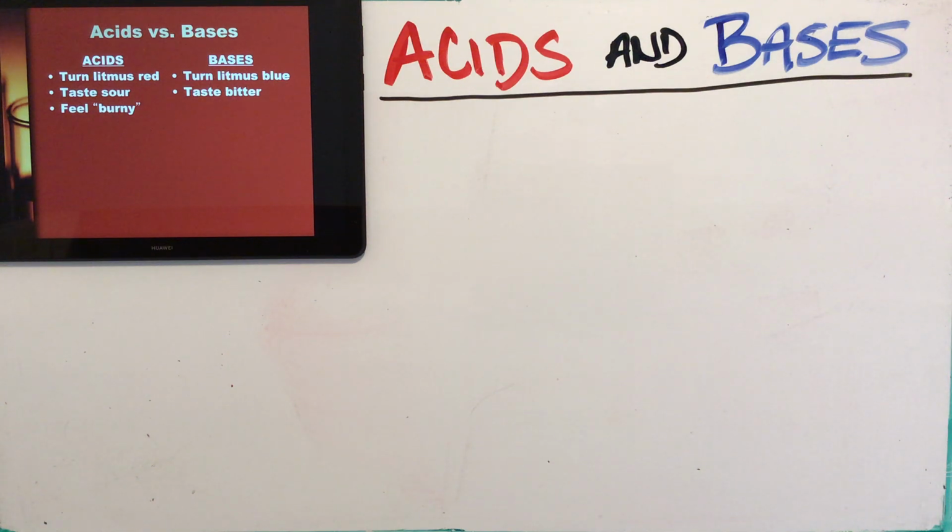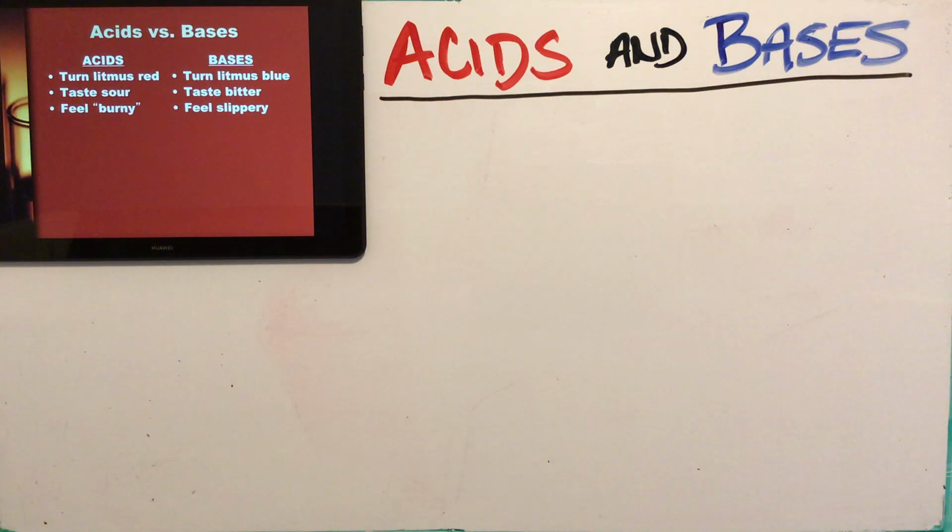Acids, if the acid is half decently strong and it pours on your skin, I said here it feels burny. It's a burning irritation type of sensation that you'll feel on your hand. Bases, on the other hand, feel quite slippery. Bases are very, very slick, like oil, when you feel them on your skin.